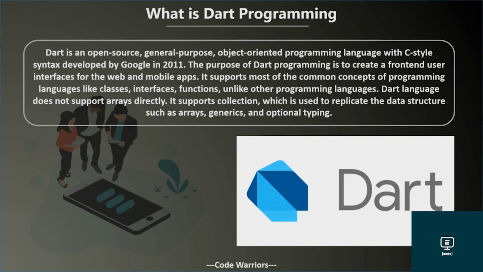It supports most of the common concepts of programming languages like classes, interfaces, functions. Unlike other programming languages, Dart does not support arrays directly. It supports collections, which are used to replicate data structures such as arrays, generics, and optional typing.